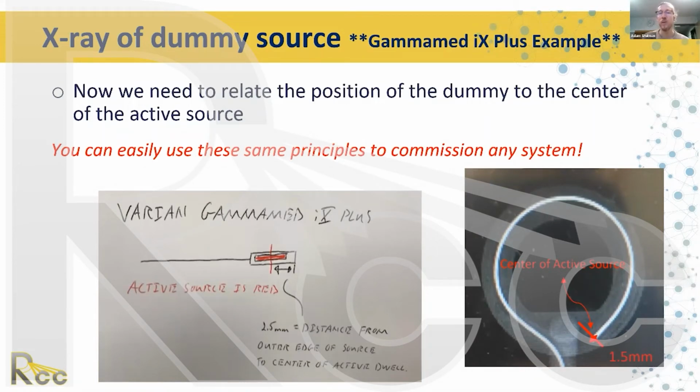So just a little bit about the explanation of how you would account for where the center of the active source is in regards to physical geometry of your source encapsulation, as well as any nominal offset between your active source and your dummy source.